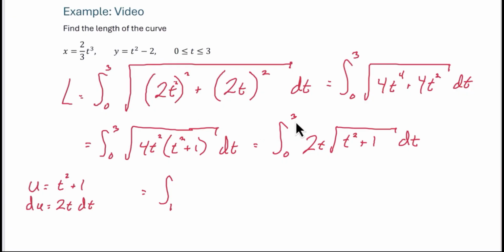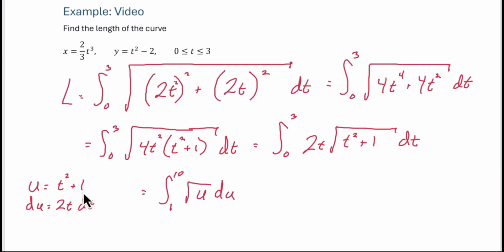Upper was 3 to begin with, plug that in, 3 squared plus 1 will give us 10. And now 2t dt is really du, and under the radical we have t squared plus 1, which is u. That is the square root of u du.